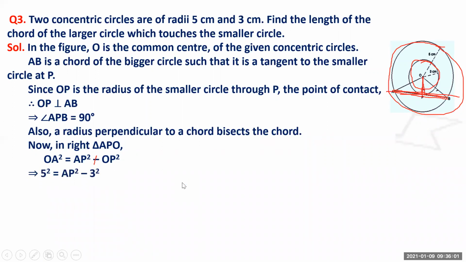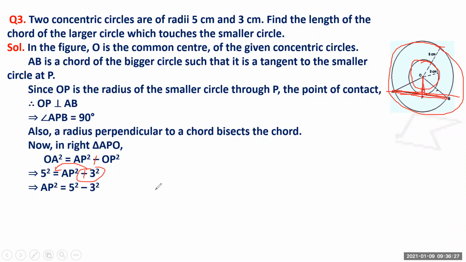So you will get 5 square equals AP square plus 3 square. So plus 3 square, when it goes to the other side, becomes minus 3 square. So AP square equals 5 square minus 3 square.